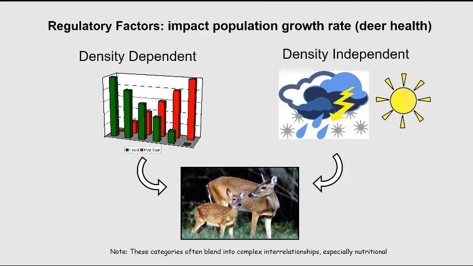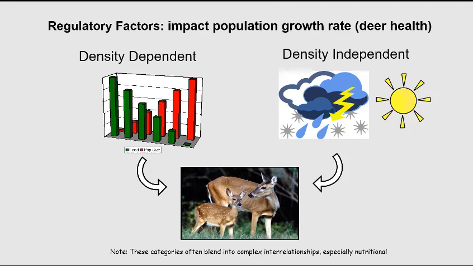Density independent regulatory factors are ones that affect the population regardless of the deer density because they are more related to weather. The amount of rainfall, the amount of snowfall during the winter, the temperatures during the winter, the temperatures during the summer, the amount of drought, the amount of flooding in a given year, all affect a population of deer.